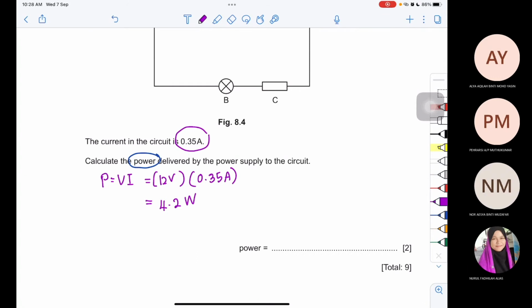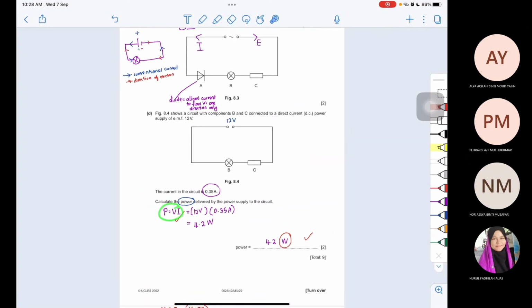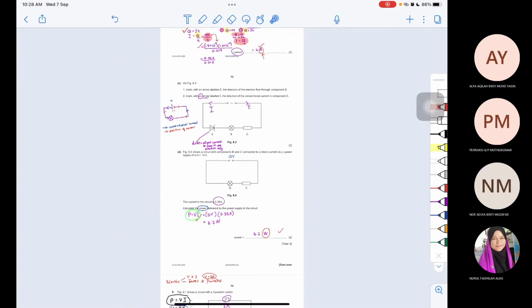For this question, 2 marks: 1 mark for writing the formula, and the second mark for the answer with unit. Remember you must write the formula. Formula has marks. So that's easy. Okay, any question about this?